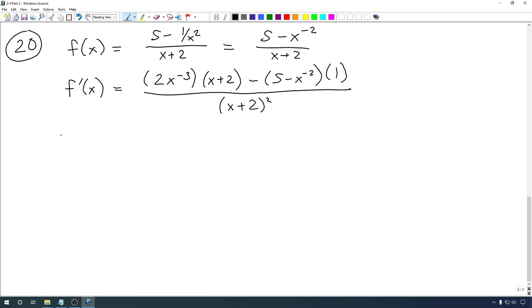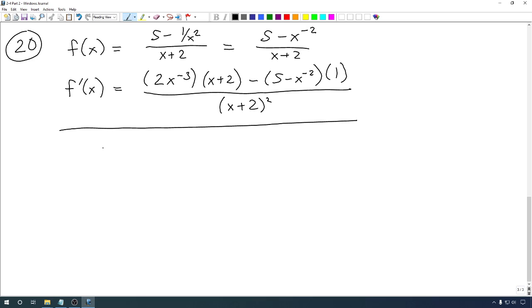Instead, what I'm going to do is take a look at what the book is really expecting us to do. The book wants us to rewrite this function without having a fraction on top first. Instead of turning it into a negative power, they want you to do a little bit of algebra to change this into a slightly different function. It's the same function, just a different form.